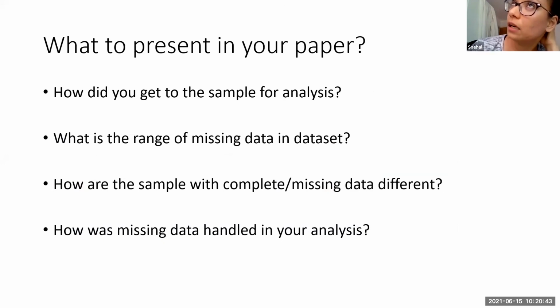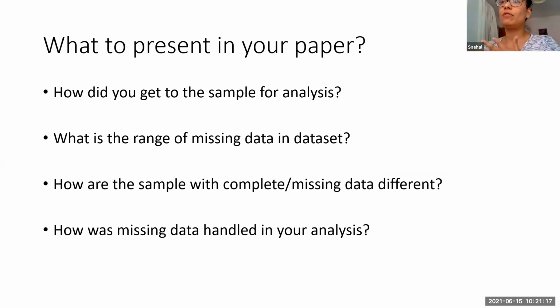It sounds like a lot, and I won't lie to you, dealing with missing data does take a lot of time. And sometimes I get a little bit frustrated that you spend weeks dealing with missing data and it ends up being 2 lines in your paper, but they're 2 important lines, okay? And after you've dealt with missing data, there's some key salient things that you should present in your publication. So when you start writing up your publication, you want to talk about how you got to the sample for your analysis.